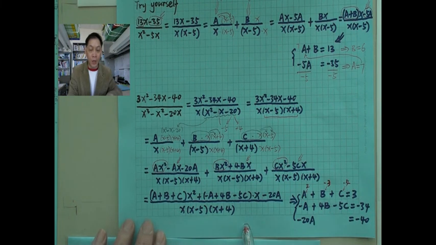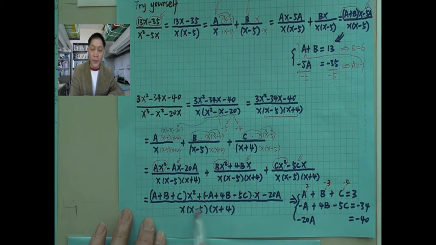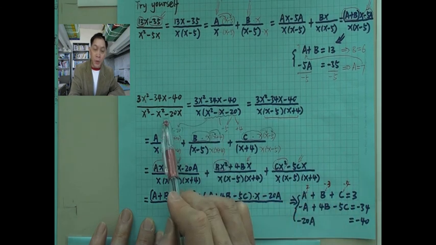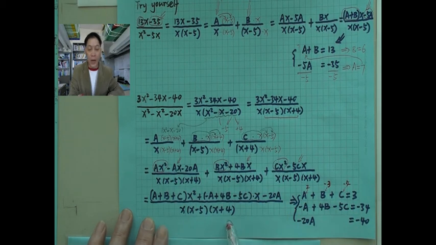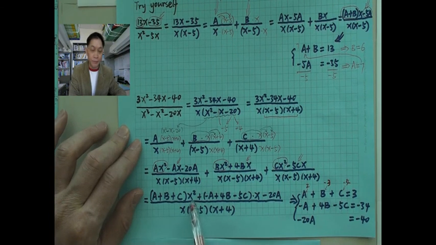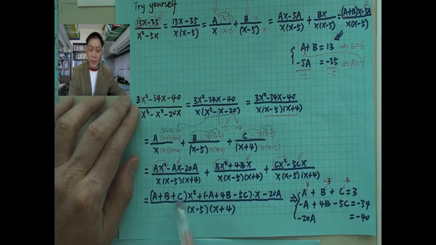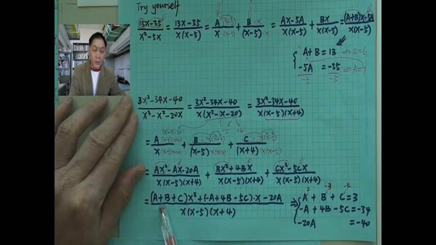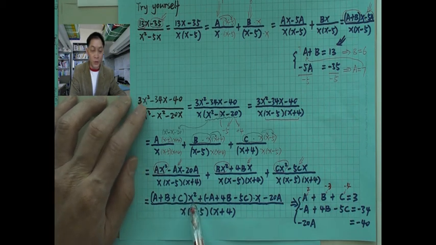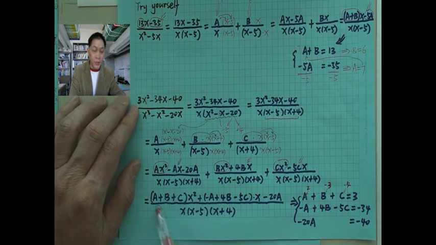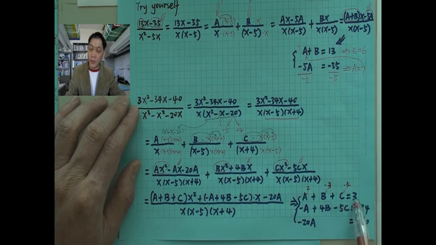Now we know this numerator is actually equal to this one, the given numerator. They are equal. Now, in front of the x squared, it should be 3 because the numerators are equal. So a plus b plus c is the coefficient of x squared, and the coefficient in front of x squared is 3, so a plus b plus c has to be 3.